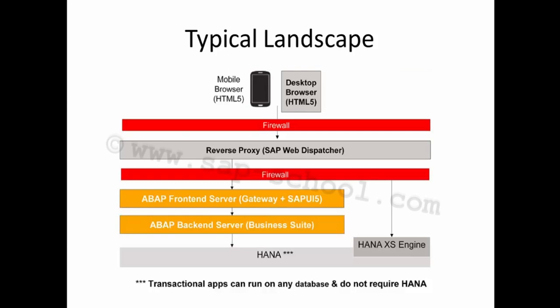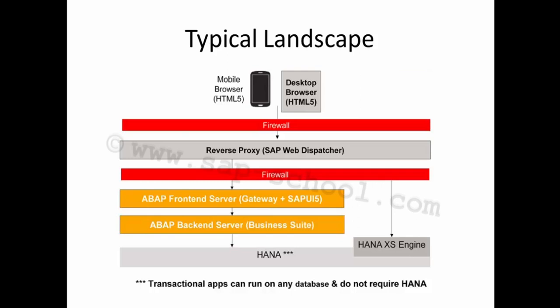Then we discussed the ABAP front-end server, which will actually contain all the UI components and my SAP NetWeaver Gateway. Then we have the SAP ABAP backend server, which will contain my backend Business Suite and the search model for the fact sheets. So the backend server will always contain my business logic. Then the HANA Access Engine is used for all the analytical apps.